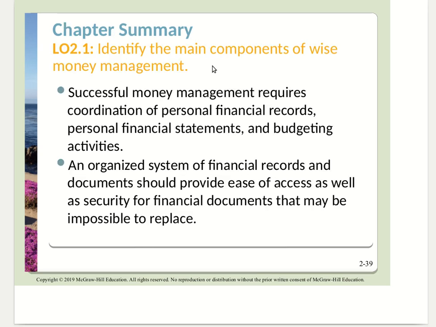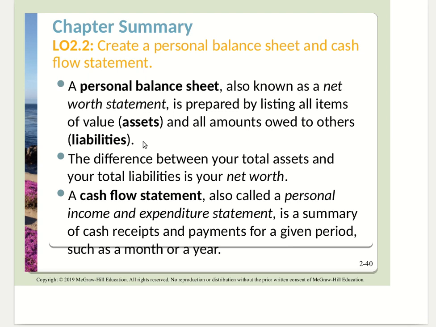When you start thinking about some of the components of wise money management, it takes practice. It takes keeping financial records and having a system to keep them all there. It takes going back and analyzing, where are you at? What are your assets? What are your liabilities? What is your net worth?